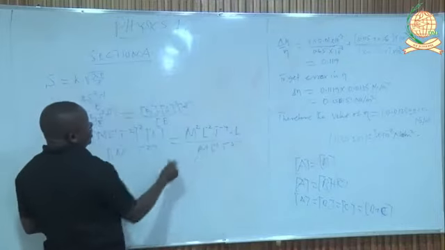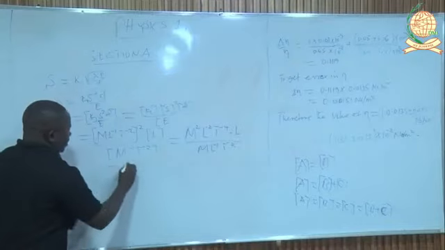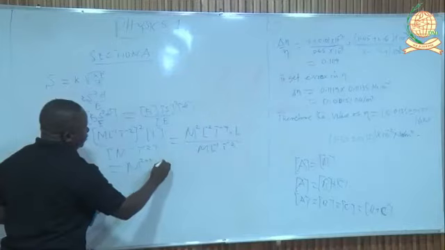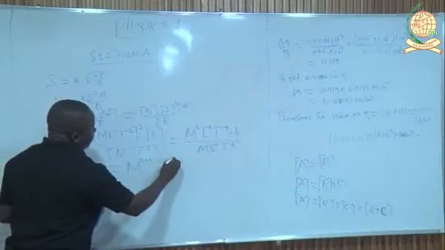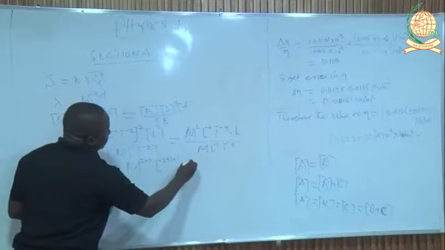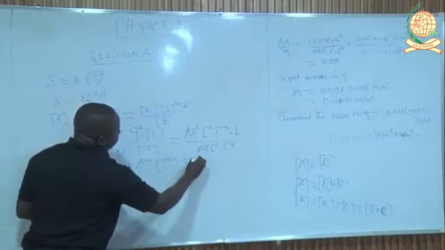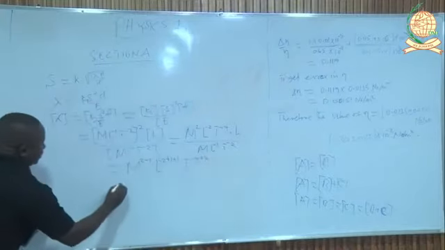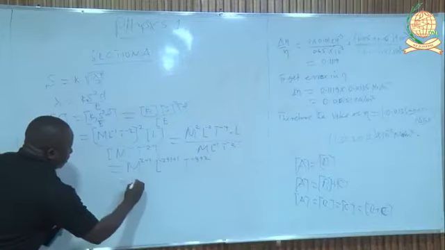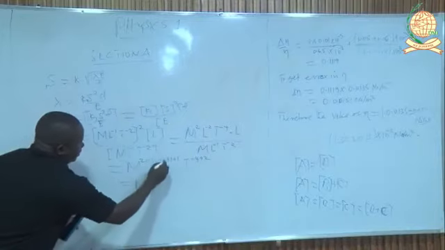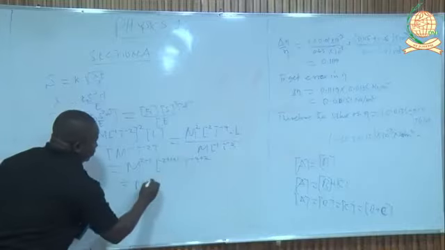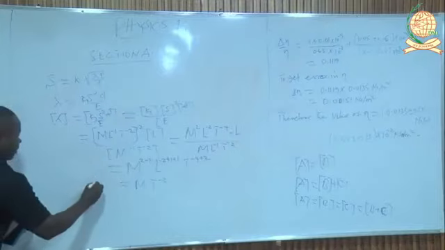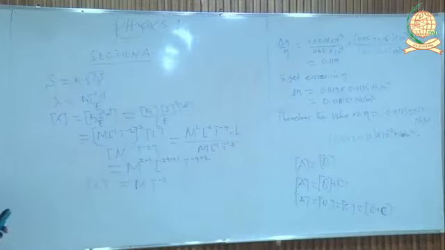So one of the M will cancel out, or M to the 2 minus 1, L to the negative 2 plus 1, T to the negative 4 plus 2. So this is equal to M to the 1, L will vanish, and this will be T negative 2. So the dimension of lambda equals this.